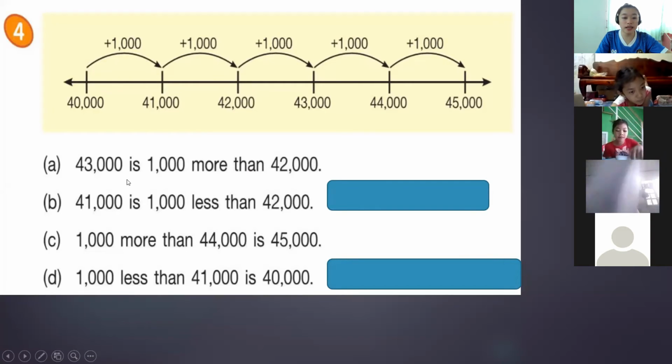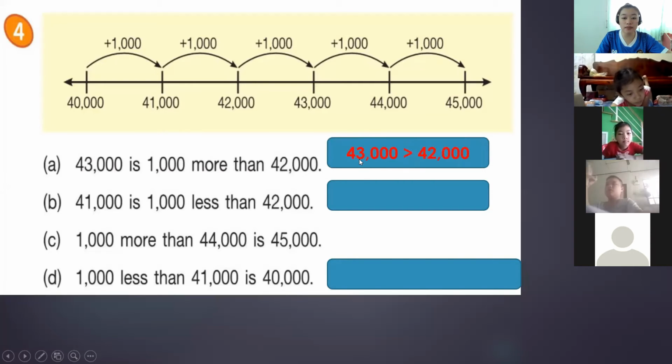So the statement says it is greater: 43,000 is greater than 42,000. Okay, so 43,000 is bigger than 42,000.